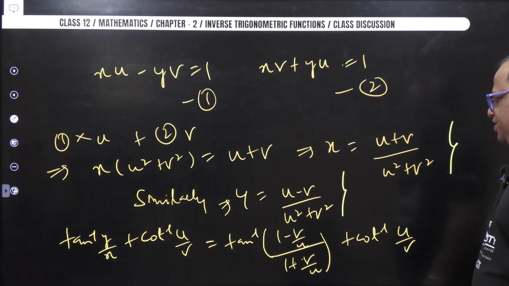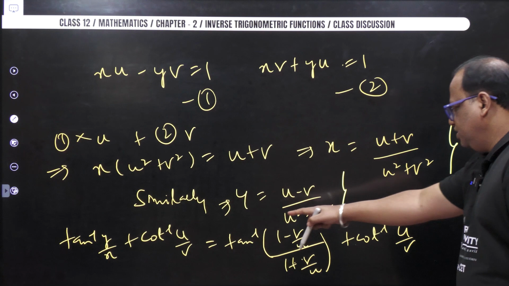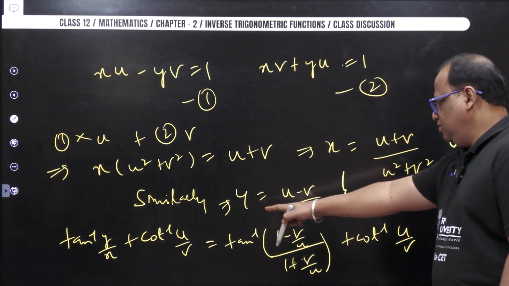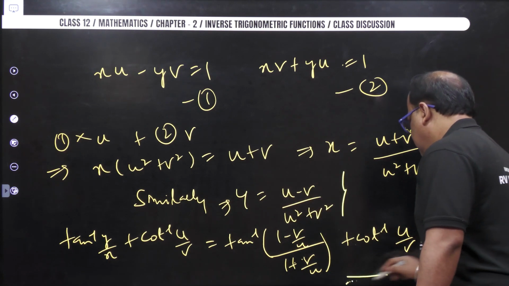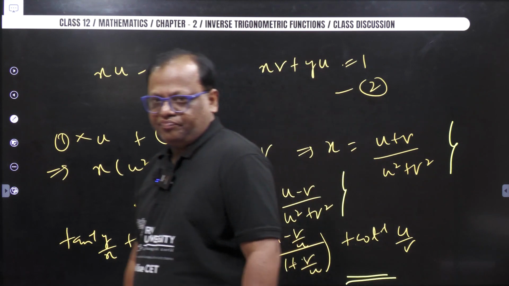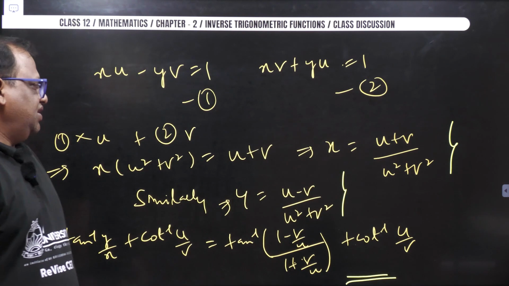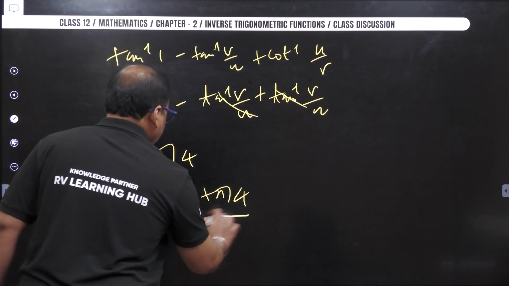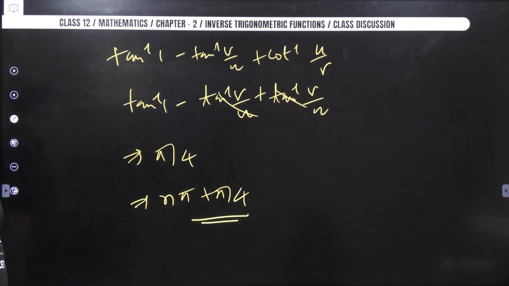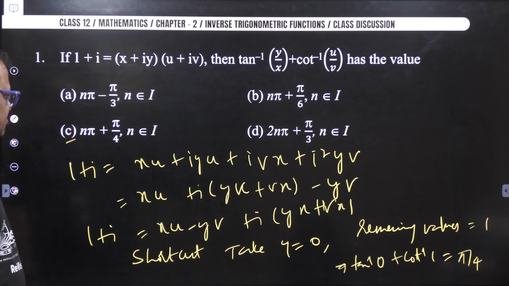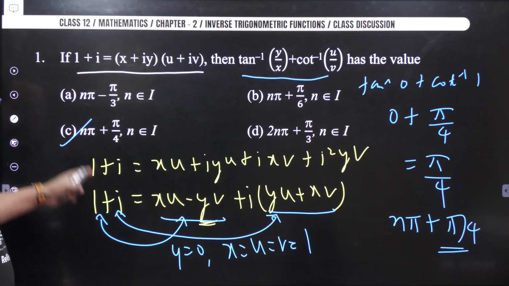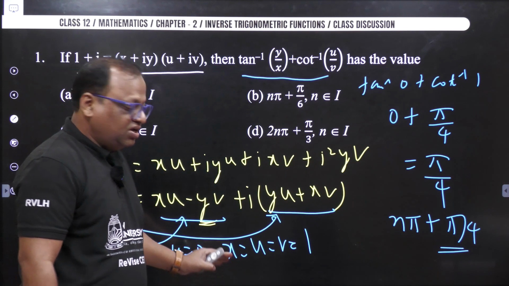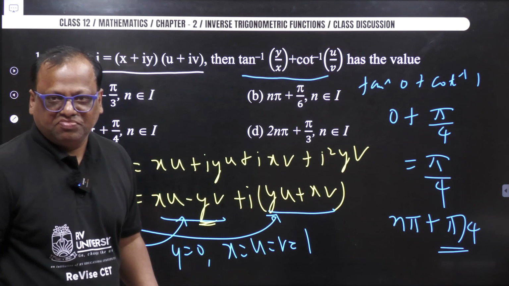It is a little complicated. Then we substitute u by v here and get the answer. I feel this method is lengthy. Finally we get pi by 4 only. So the easiest method is, as I told you, substituting values to satisfy the equation.